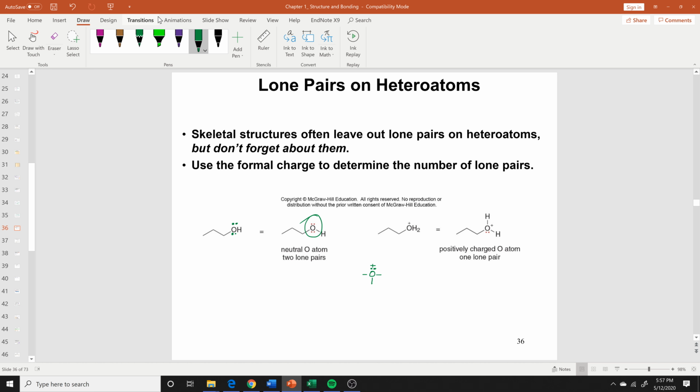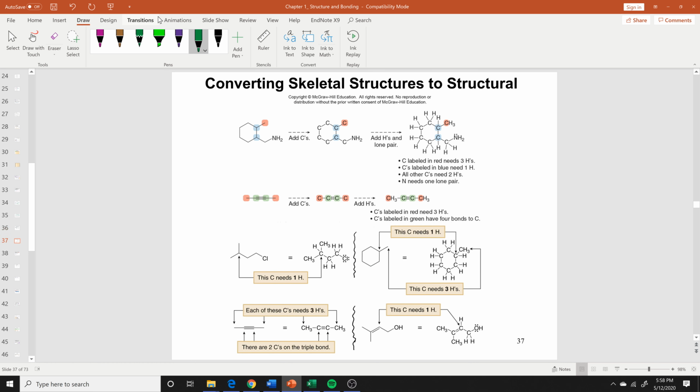My point is, keep track of your formal charges and your lone pairs. In skeletal forms we don't need to show lone pairs, but if you want to, go ahead. I don't mind.